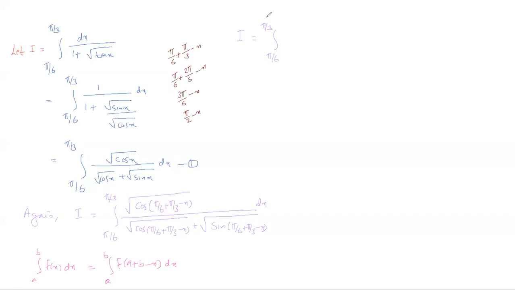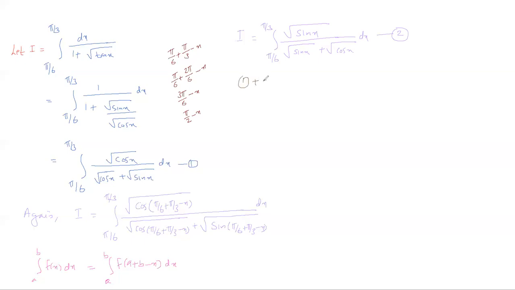So cos pi by 2 minus x is sin x, so it is sin x divided by under root again cos pi by 2 minus x, which is sin x plus under root sin pi by 2 minus x is cos x dx. That is your equation number 2.